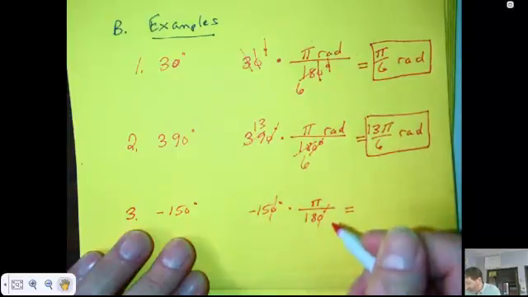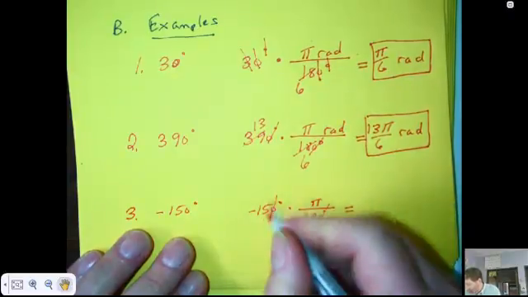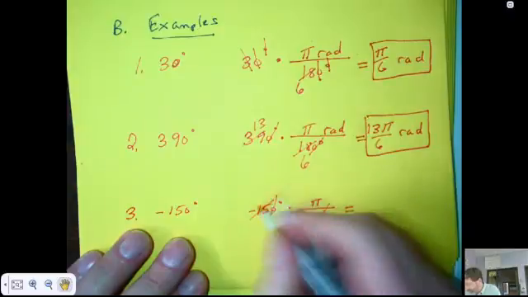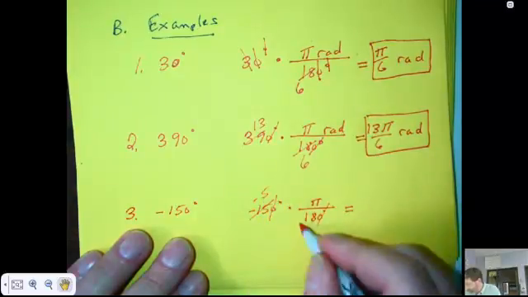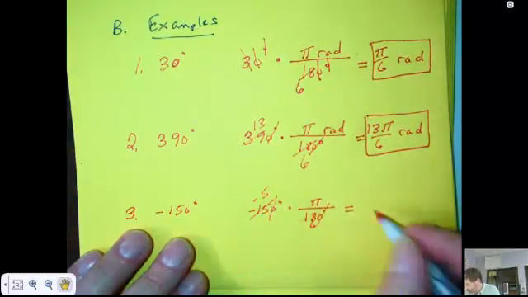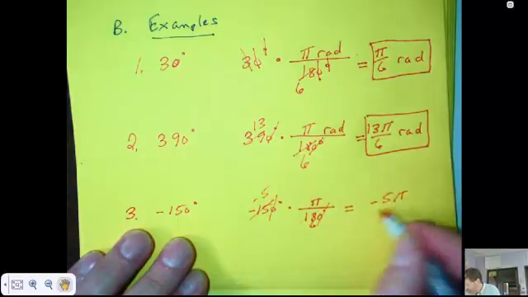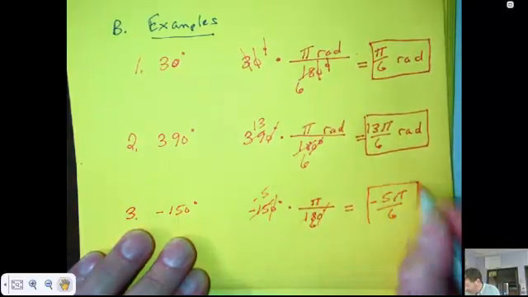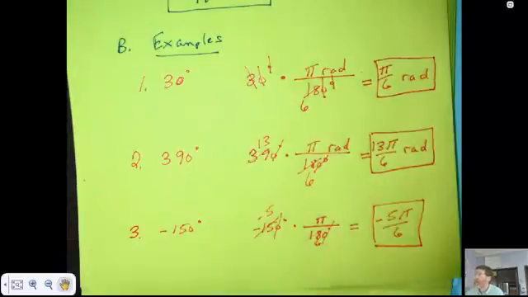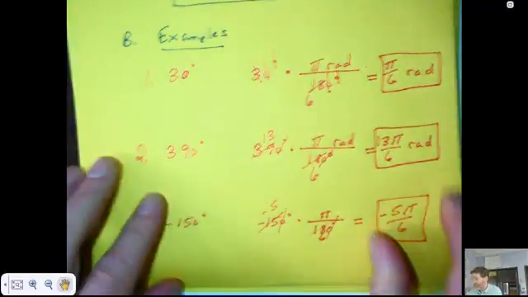Get rid of the 0 and the degrees, right? And then what can I divide in these? 3 goes in negative 15. 5. 3 goes here. 6. Answer is? Good. Okay.